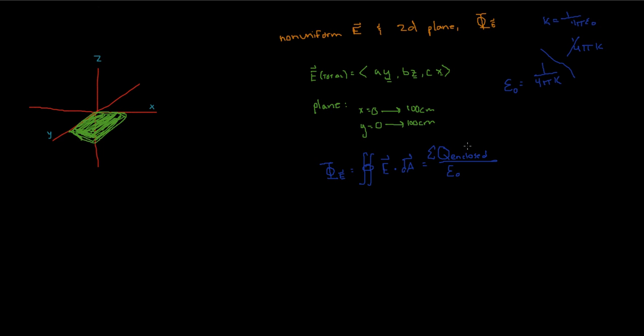So one important thing to notice about this equation is that the E field vector is dotted with the infinitely small dA vector. And what that tells us is that we need to select the component of our E field vector that is normal to the plane, meaning perpendicular. So if we look at our 3D graph, any vector along the y-axis is parallel, so we can't have this one.